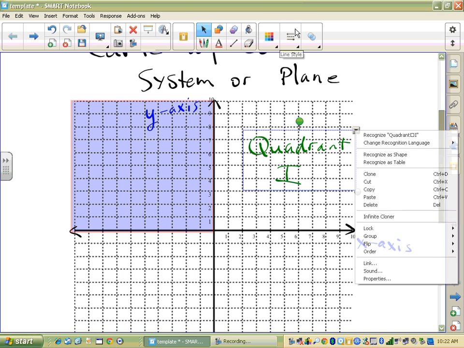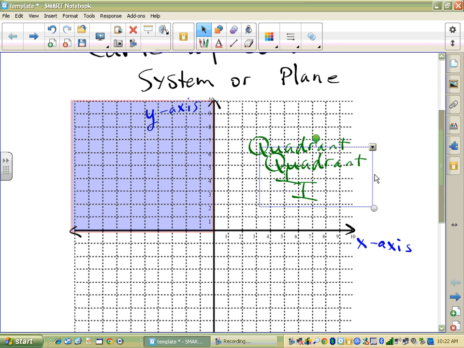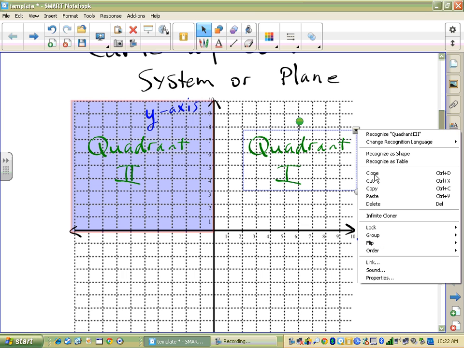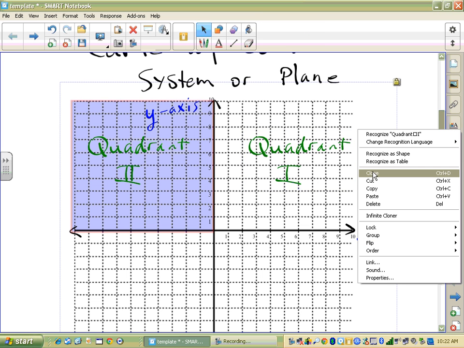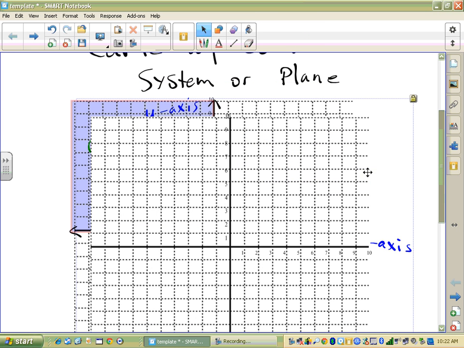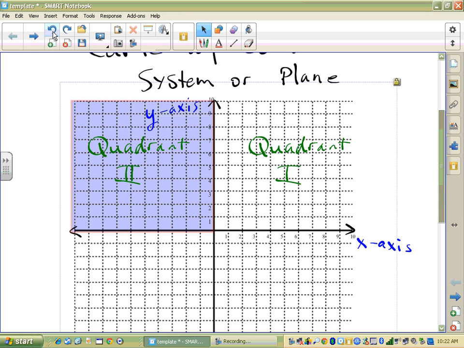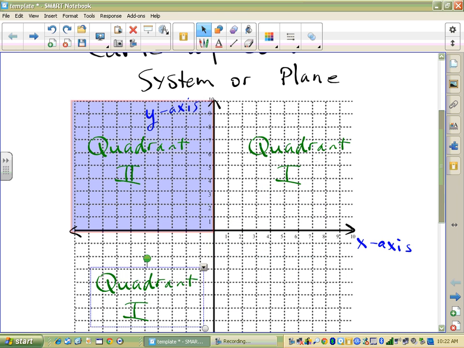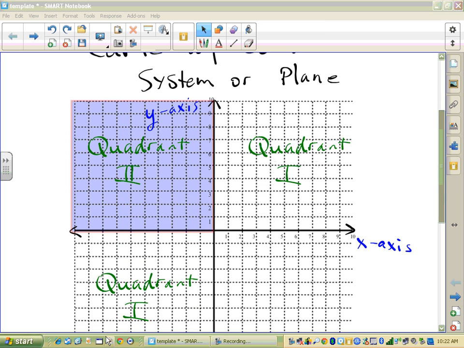So that's Quadrant 1. This is why I like my smartboard. This is the order that they go in, and to me it makes sense. If you've ever taken a trigonometry class, it might make sense. The next one over is Quadrant 2. And then the next one, we drop down to this zone.